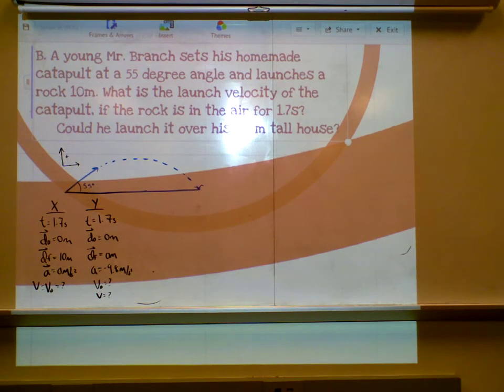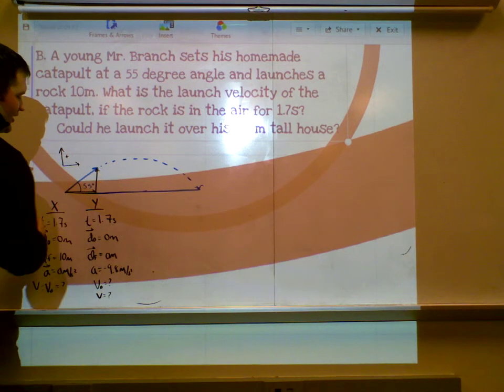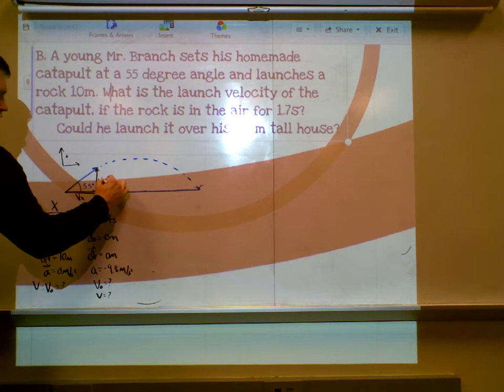Alright, so we have our lists. We have the situation. We need to figure out the launch velocity. Because we're given time, we probably only need to look at this problem in one direction. The 55-degree angle makes up a triangle, where this is the x component and this is the y component.